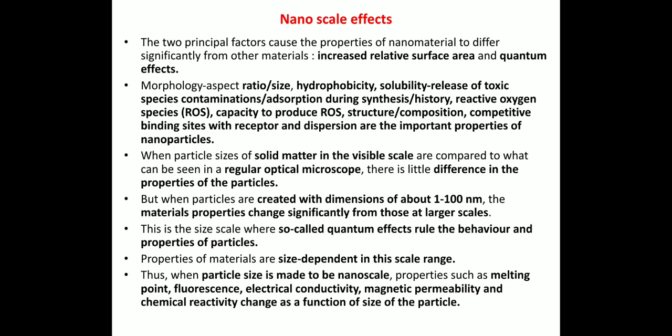These effects depend on the behavior and properties of the particles, which mainly depend on the size and scale range of 1 to 100 nanometers. The size of the particle at the nanoscale range affects major properties: melting point, fluorescence, electrical conductivity, magnetic permeability, and chemical reactivity change as a function of the size of the particle. These are the nanoscale effects.